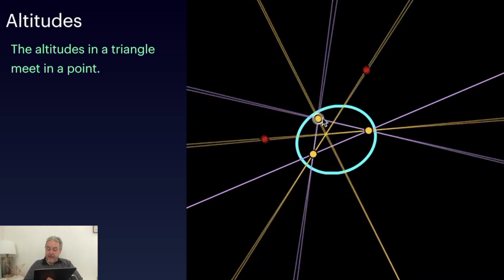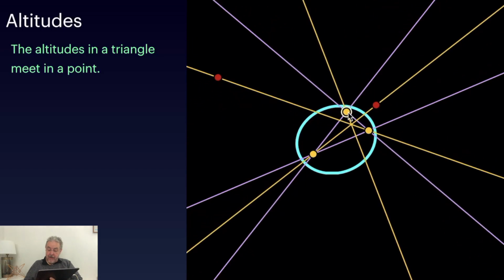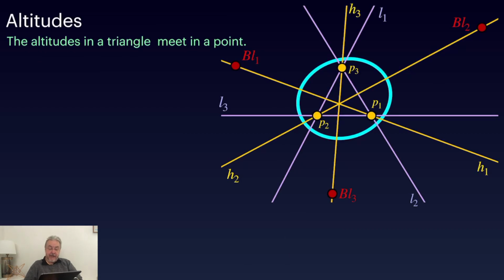So now let's prove this statement, and the proof will be a little algebraic detour. So I've drawn the picture you just saw, and I labeled some of the points. So my points are P1, P2, P3. My lines are L1, L2, L3, where the label is in the following way.